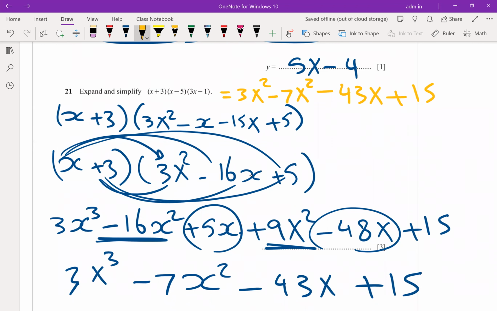There are no mistakes. For example, substitute x equal to 0 in the left-hand side. x equals 0 will be 3. x equals 0 will be minus 5. x equals 0 will be minus 1. Their product will be 15. If you substitute x with 0 on the right, the answer also will be 15, correct. Substitute x equals 1 left and substitute x equals 1 right, you get the same answer.